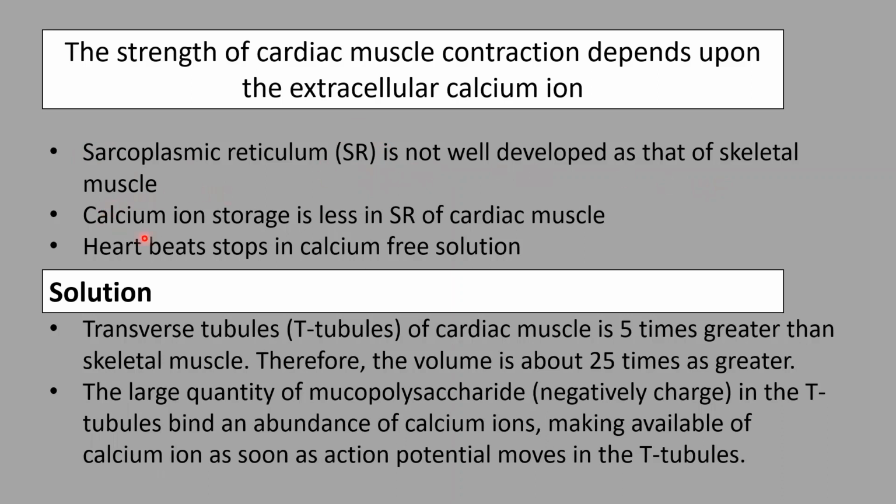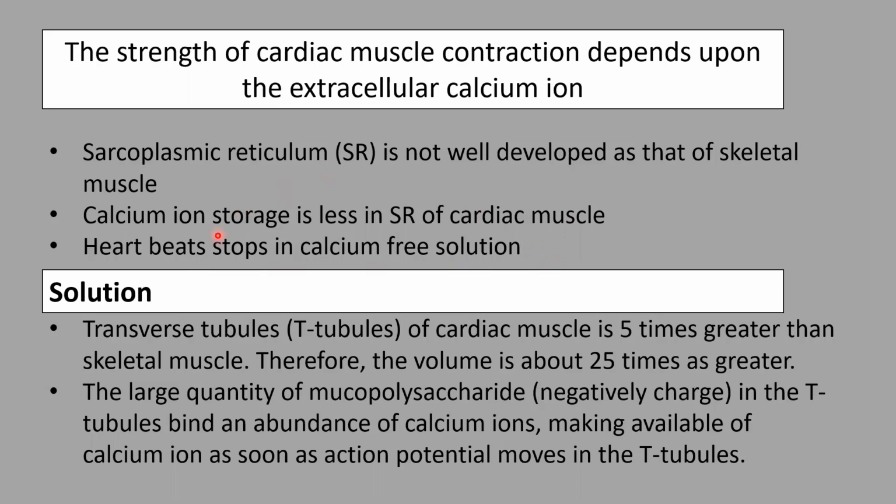Therefore, calcium ion storage is less in the sarcoplasmic reticulum of cardiac muscle compared to skeletal muscle. Even the heartbeat stops in a calcium-free solution: when the heart muscle is in a medium where there is no calcium, the heart cannot beat, it stops.